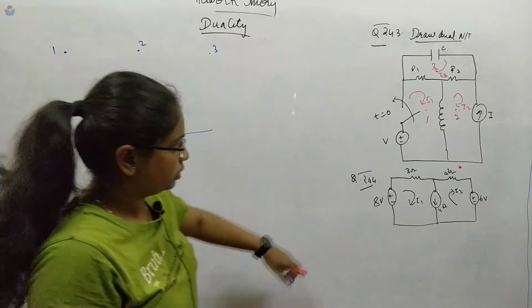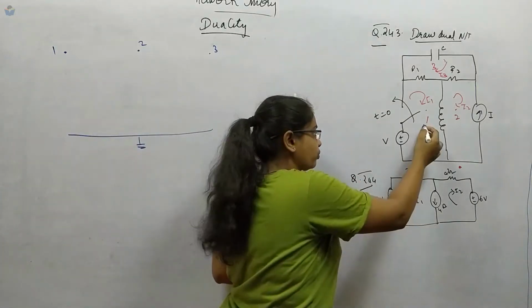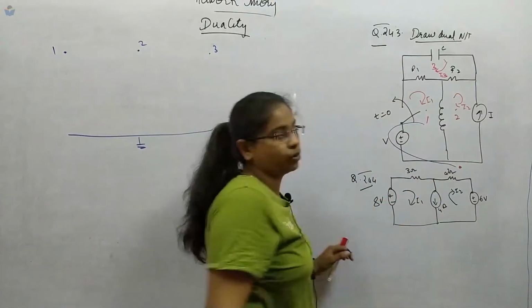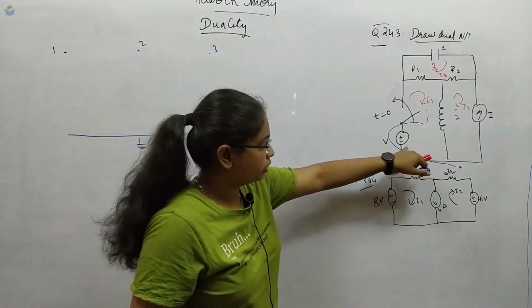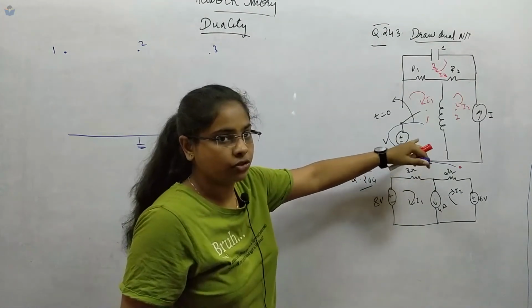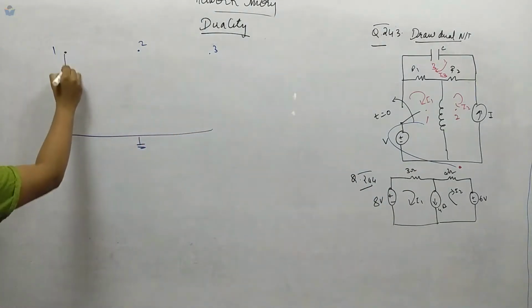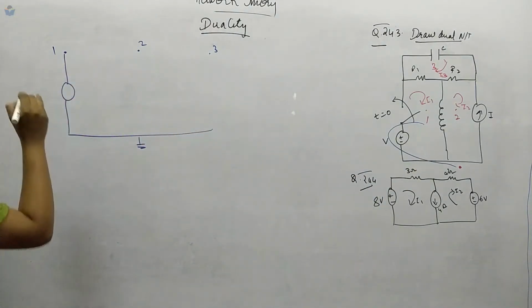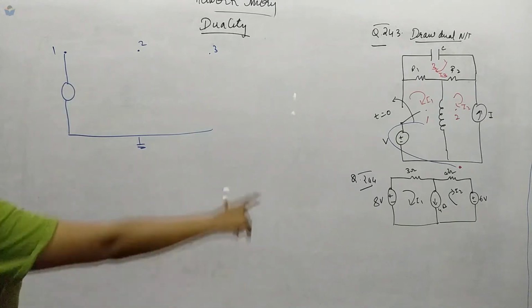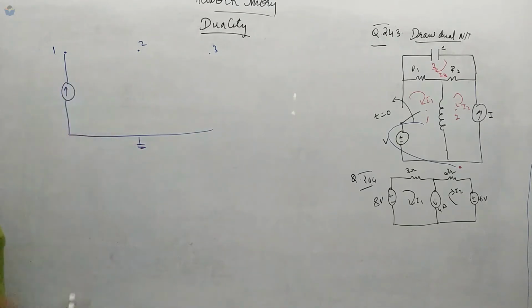Now we have to move from 1 to the reference node. While moving, you encounter this voltage. The dual of voltage is current, so between 1 and 2 we put a current source. What should be the direction of the current arrow? It should be upward, positive is upward.